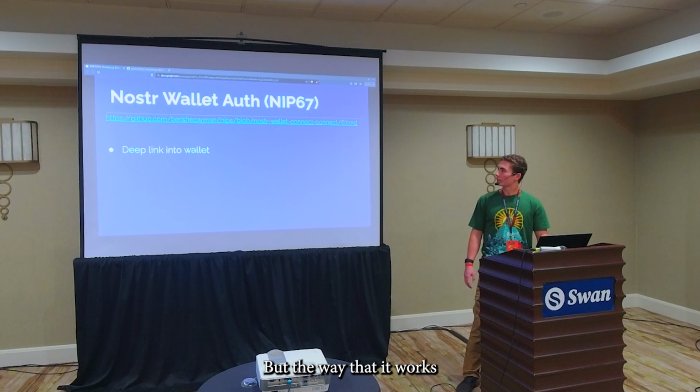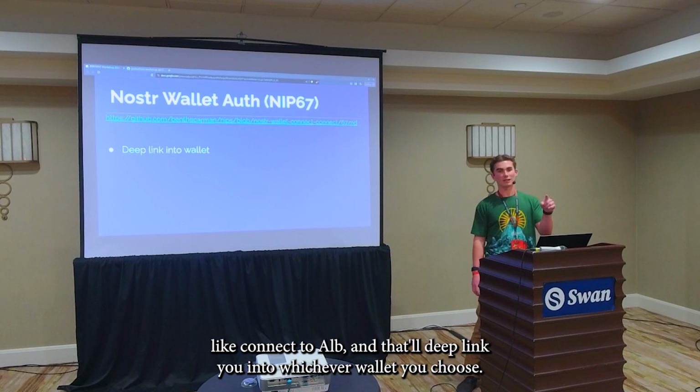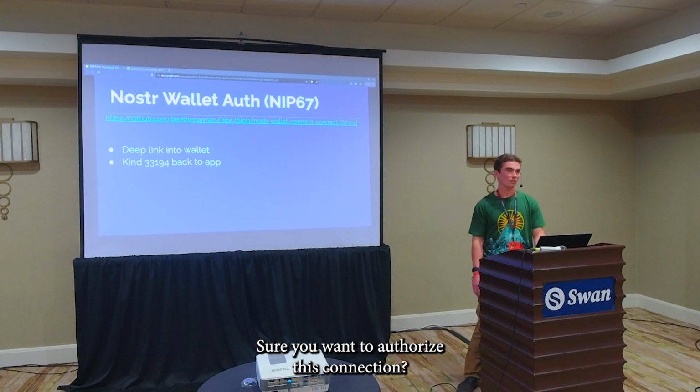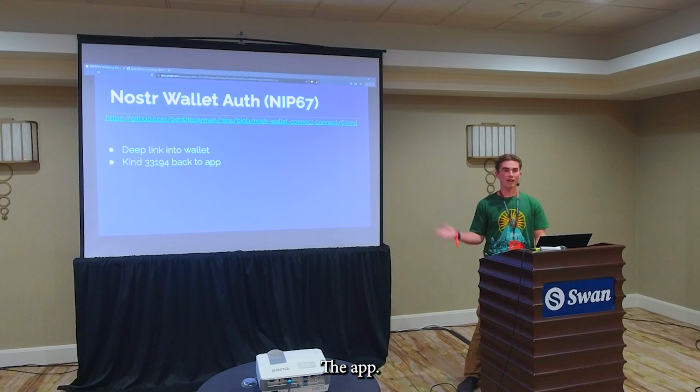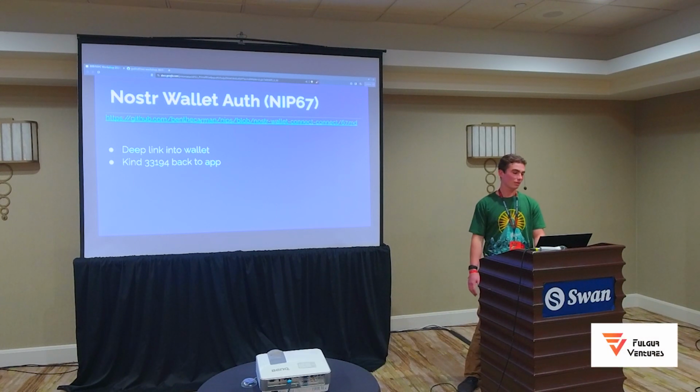The way that it works is from the app, you'll be able to click a button like connect to Albi, and that'll deep link you into whichever wallet you choose. And once you confirm the connection, the wallet will probably pop up with something like, are you sure you want to authorize this connection? The wallet will send a Nostr event back to the app of kind 33194.